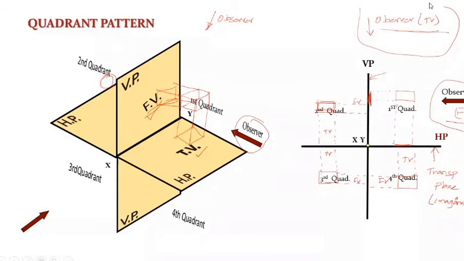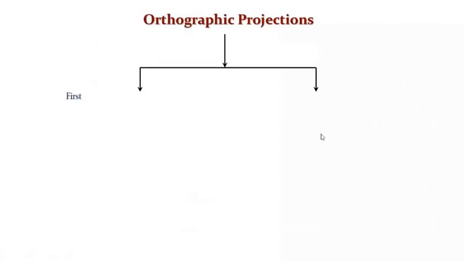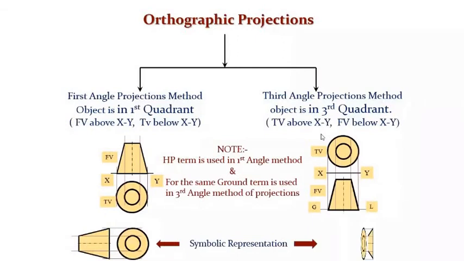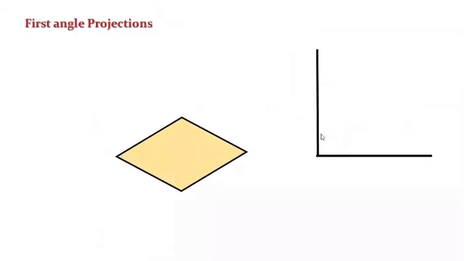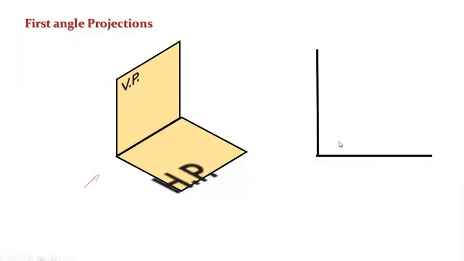Okay, so next thing is, let's take the first quadrant alone. So this is my first quadrant. If I see from here, you will see an L shape. So I drew it here, with the vertical plane, horizontal plane, and reference plane.